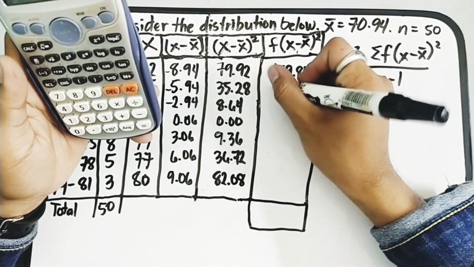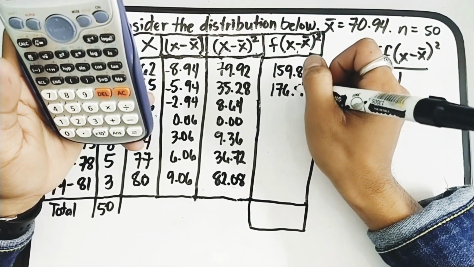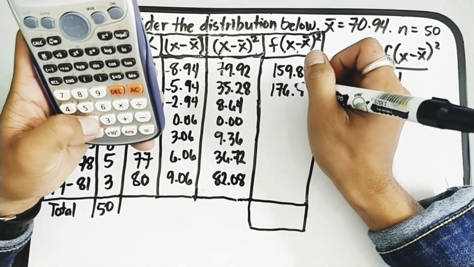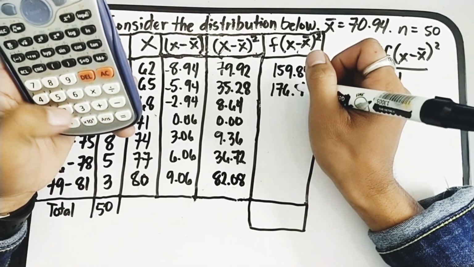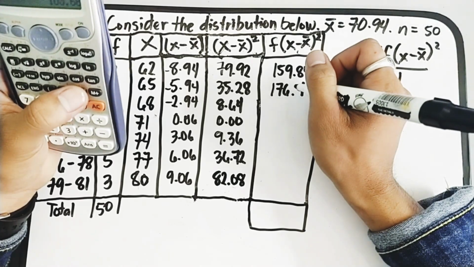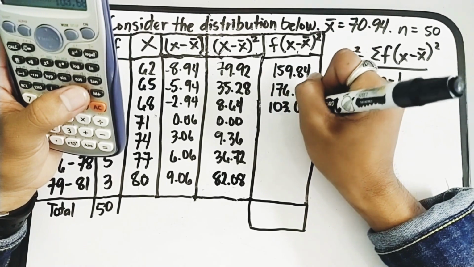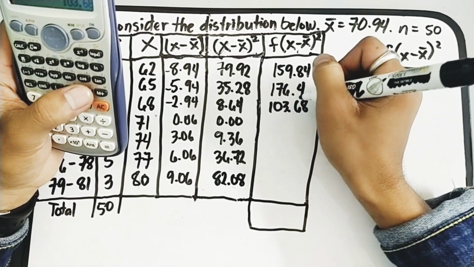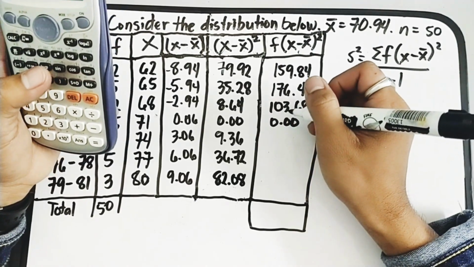We have 176.4. And next, we have 12 times 8.64. The answer is 103.68. And then 0 pa din to kasi nga any value that times 0 is 0.